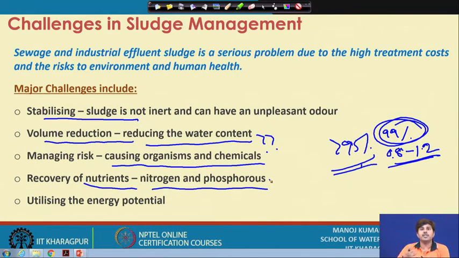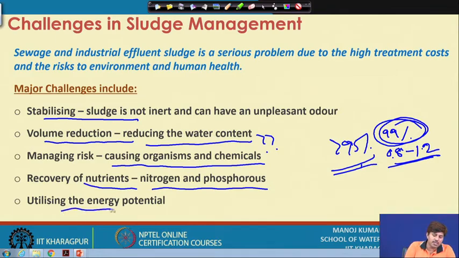So how can we recover those nutrients? Is it advisable to just dump, decompose or put this in a landfill, or is there a means through which we can extract that and use the fertilization potential of the sludge? How we can achieve that is another major challenge.